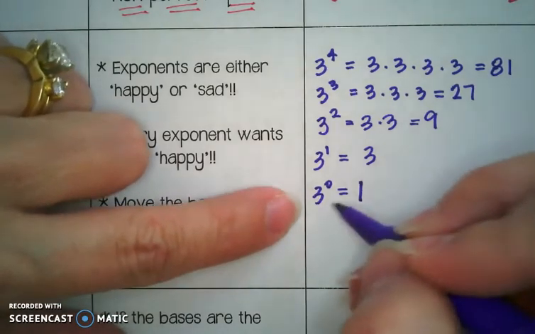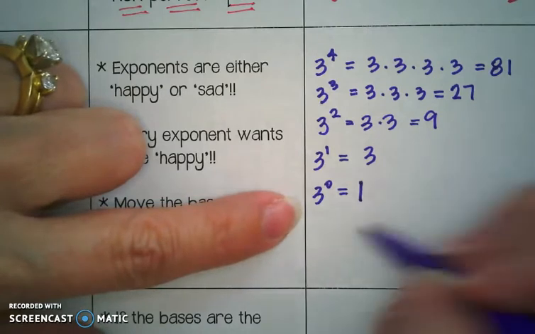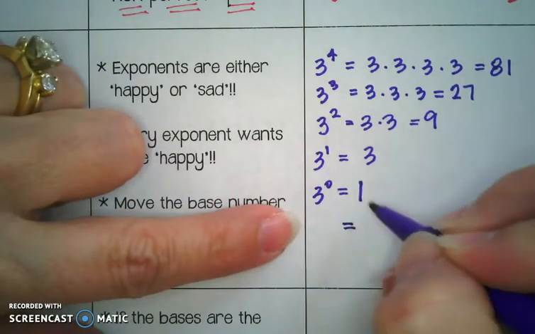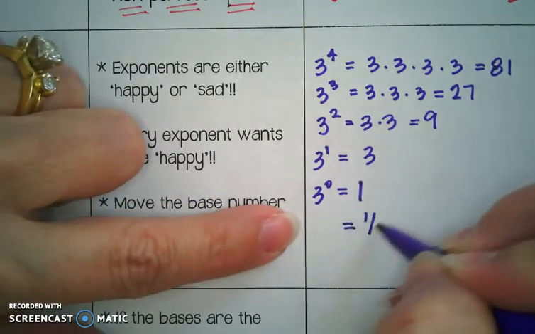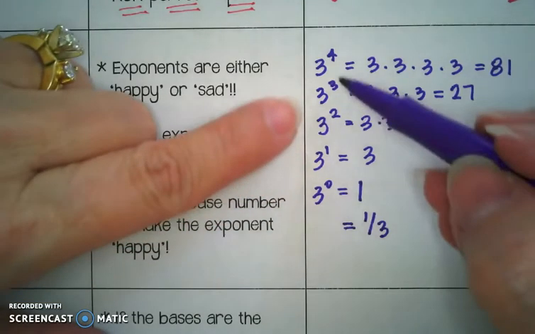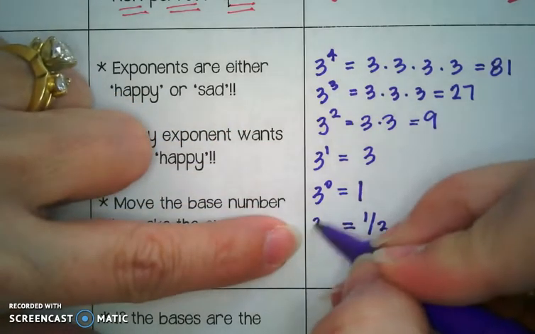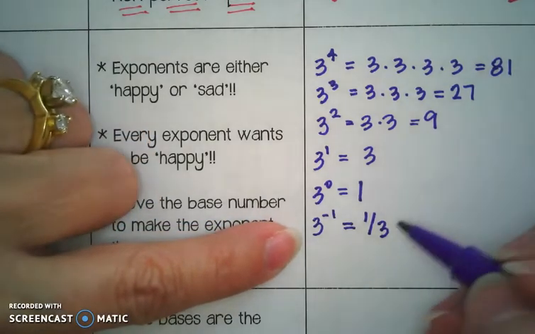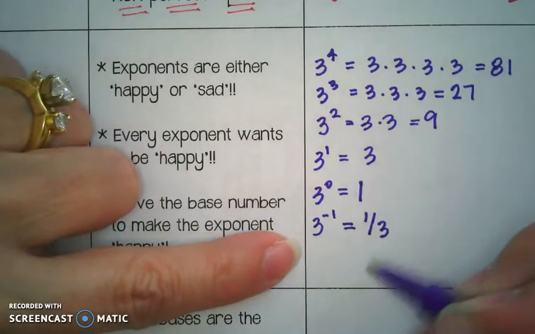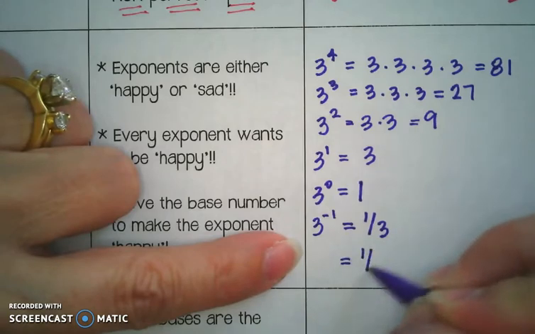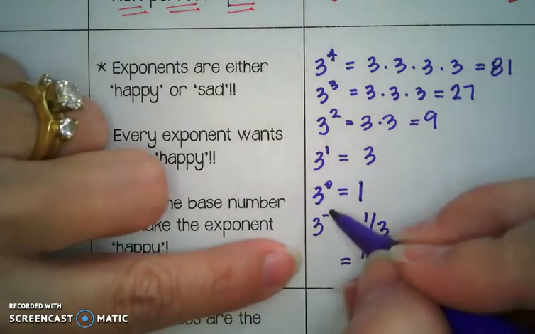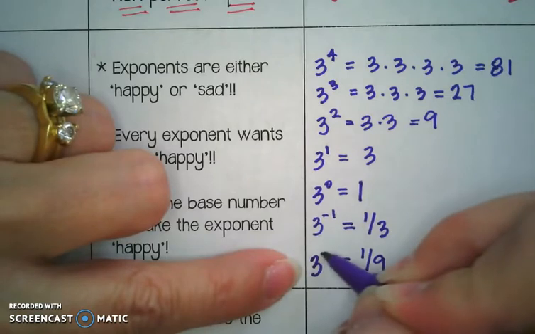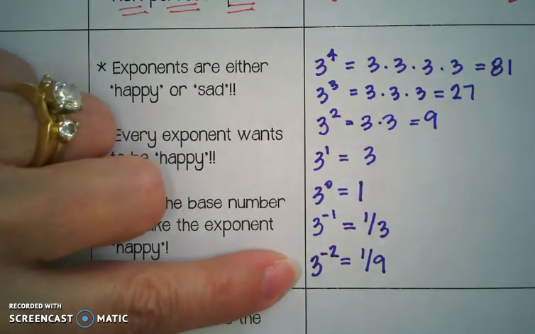All right, but let's keep going, because we can divide 1 by 3. So if we did 1 divided by 3, we would have 1/3. Since we're going down, this exponent would be to the negative first. And if we divided by 3 again, that would become 1/9, and we go down another exponent, down to -2.